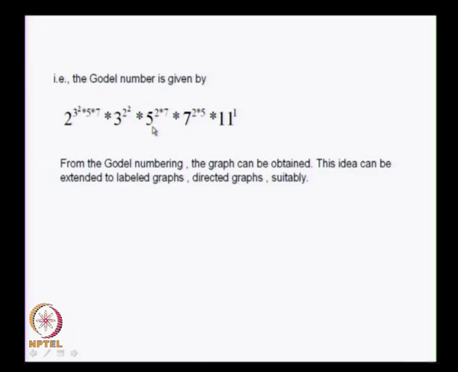Now, we can extend this concept to directed graphs, labeled graphs and other data structures also. So, for the given graph in the figure, the Gödel number will be this much. So, thus we can have a Gödel number for all data structures defined in a suitable manner. We are using this concept in the construction of counter machines.